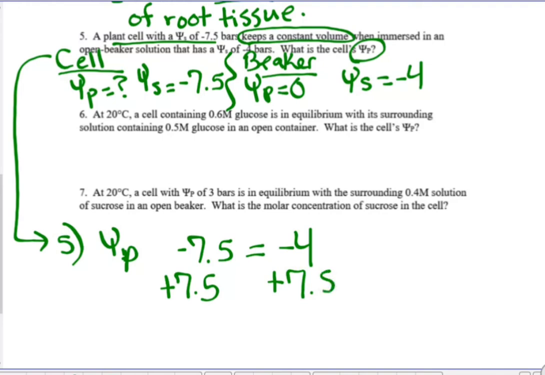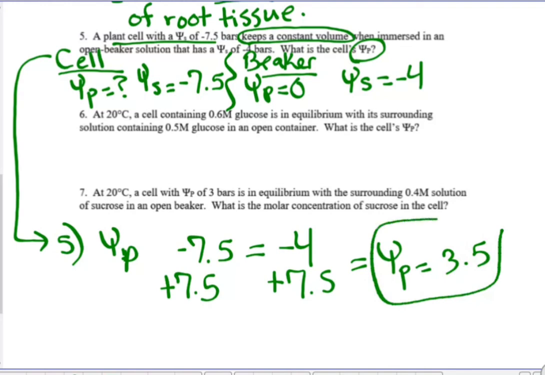Okay, and that is going to leave me with the pressure potential of my plant cell. It's going to be 3.5. And notice that number is positive. It's going to be a positive number. Your pressure exerted on the plant cell should always be a positive number.